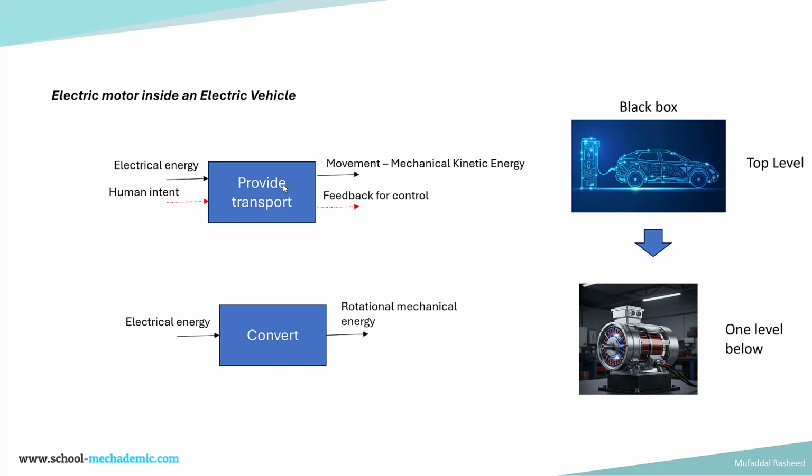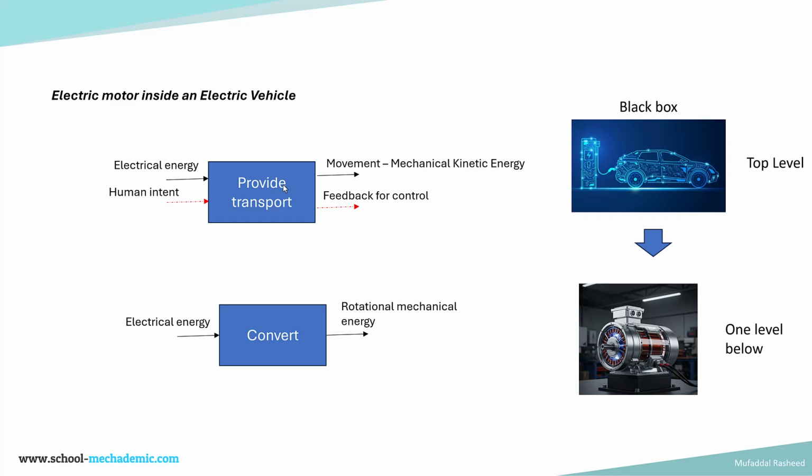It requires this information for it to actually perform its function of transporting people from point A to point B. And the outputs are of course in the form of movement, that is mechanical kinetic energy, which is being expended by the vehicle for movement, and also the movement of the vehicle or the behavior of the vehicle is given as a feedback for control. So the way the vehicle is moving is used as feedback for the person who is controlling the vehicle. So that is also an output which is fed back into the system.